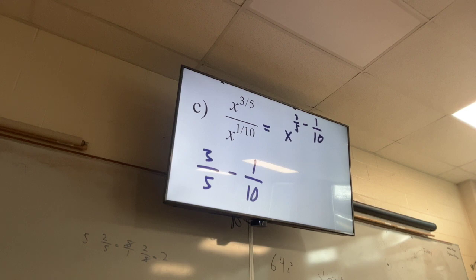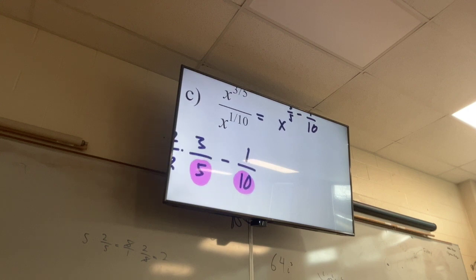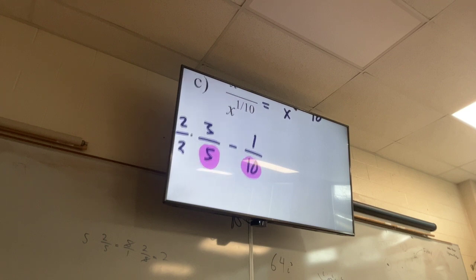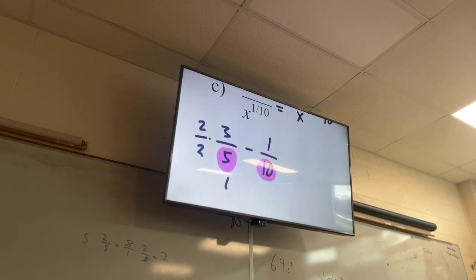When I subtract fractions, the bottom number has to be the same. How do I get those to be the same here? I have to multiply this one by 2/2. So 6/10 minus 1/10.